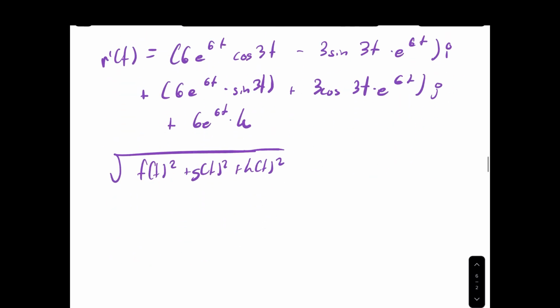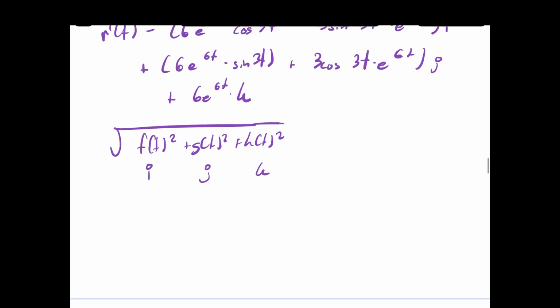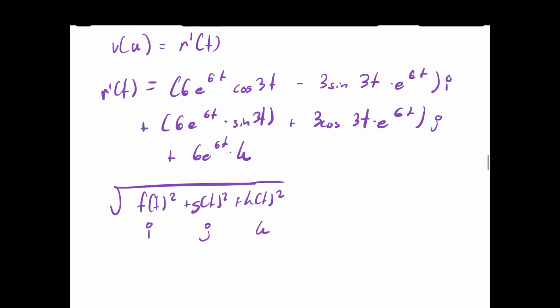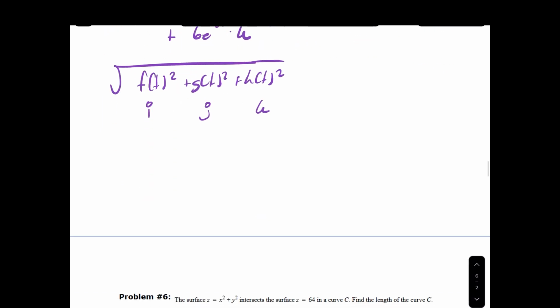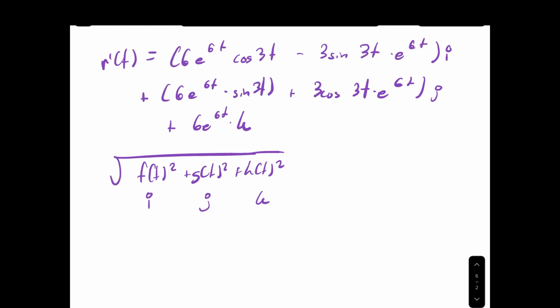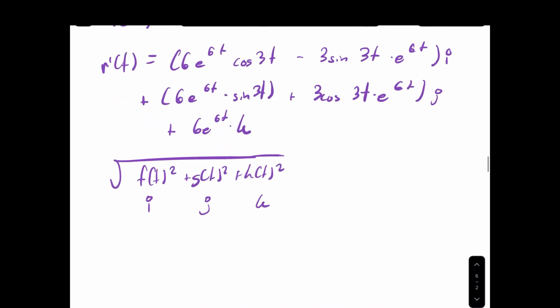And all of these would represent, this would be I, this would be j, this would be our k component. So what we can do is just take each of these separately, right? And then square them and then square root them. And you'll see why that's really important in a second.